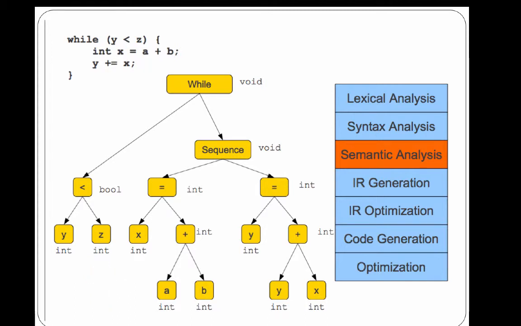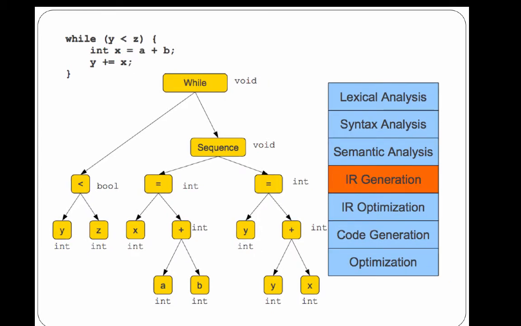Both of those are integers, and the resulting expression is a Boolean. You can see similar analysis being done on each piece of this tree. Many other things are done during semantic analysis that we'll discuss at various times during the lectures in this class.